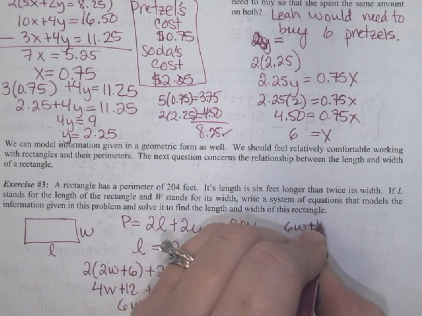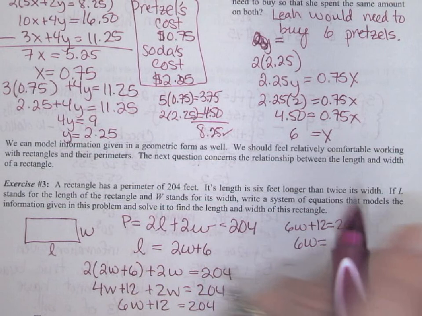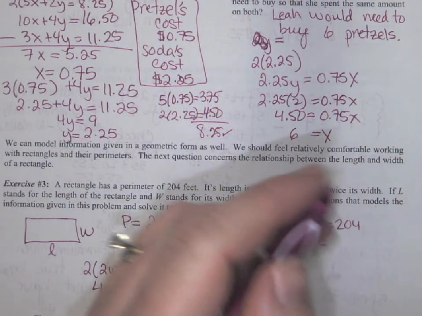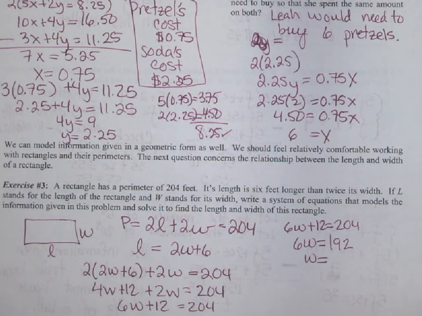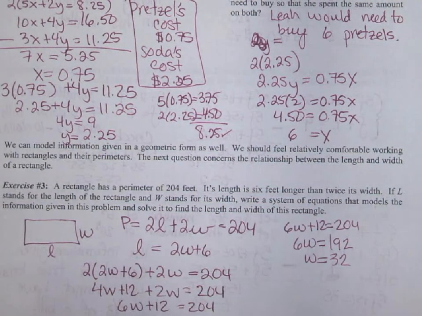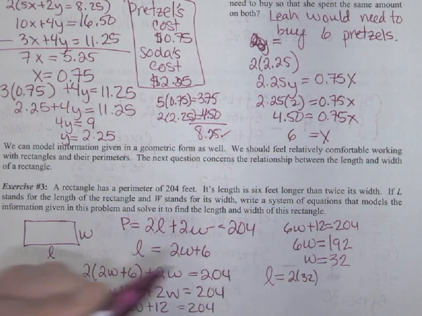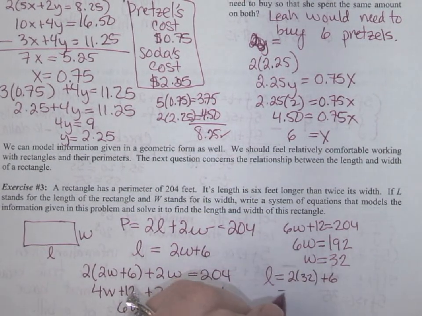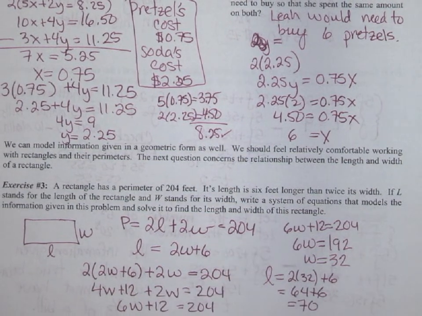So 6W... Okay, so according to this, my width should be 32 and my length 70.